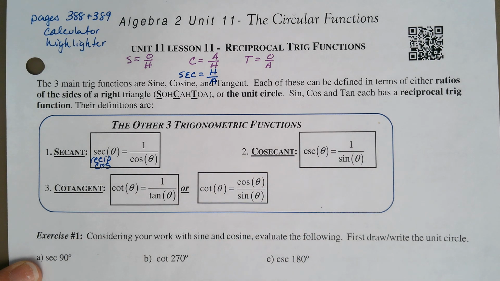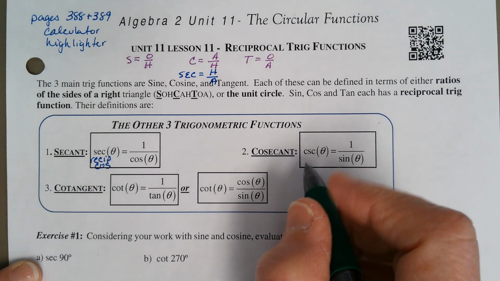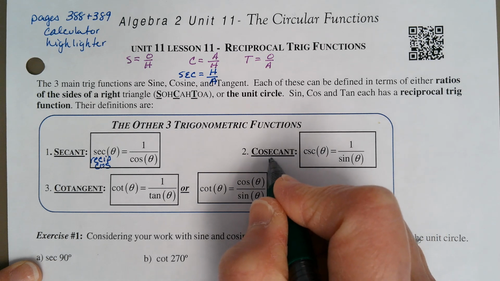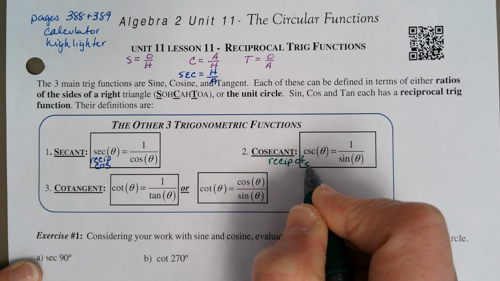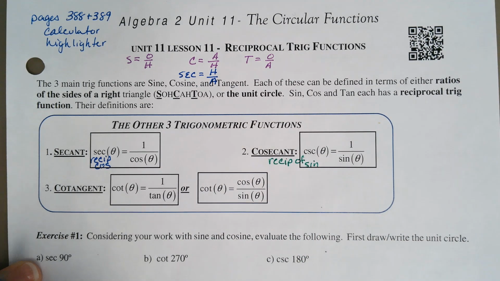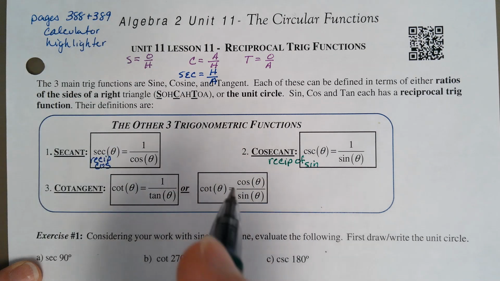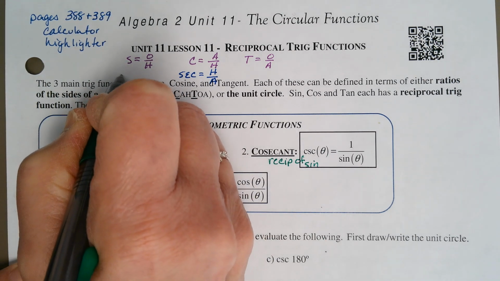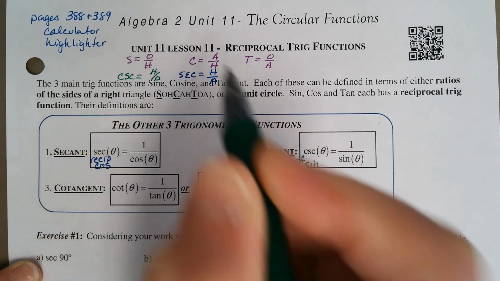Cosecant, which is abbreviated CSC, is equivalent to the reciprocal of sine. So if sine is opposite over hypotenuse, then cosecant would equal hypotenuse over opposite.